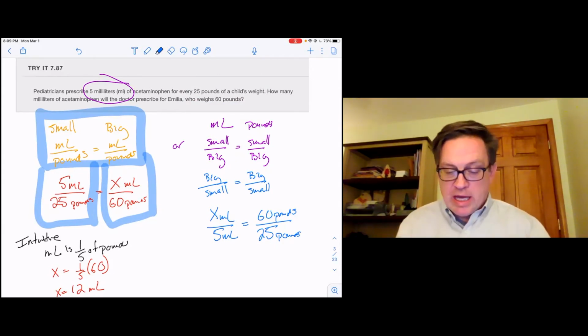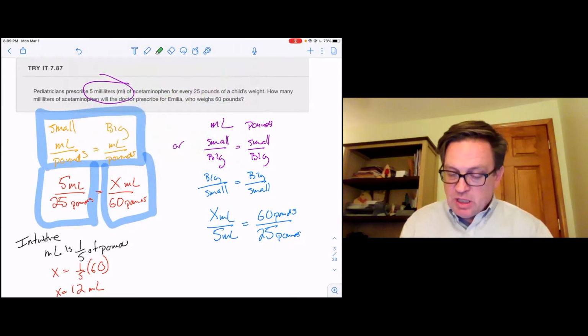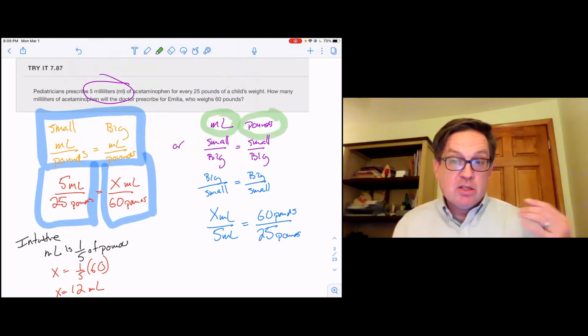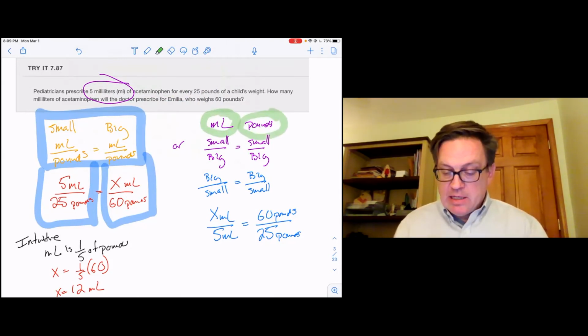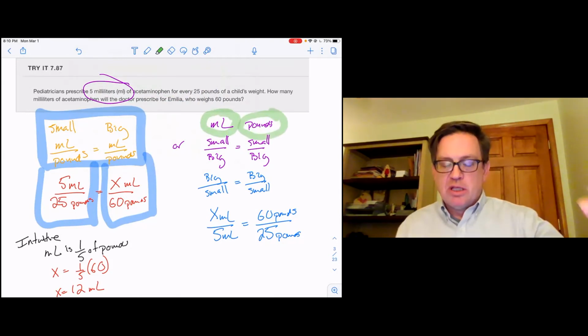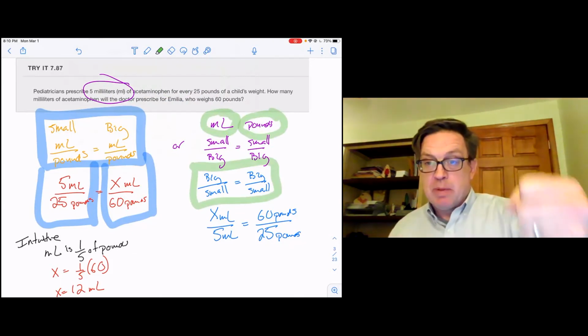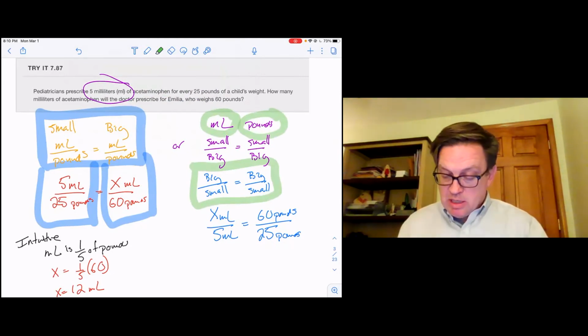Alternatively, if I want to look at it with the milliliter ratio equals the pounds ratio, I could do the small milliliters over the big milliliters, or I can flip it upside down. In this case, I'm going to use the big over the small. So the big milliliters over the small milliliters equals the big pounds over the small pounds. And so I get this relationship.